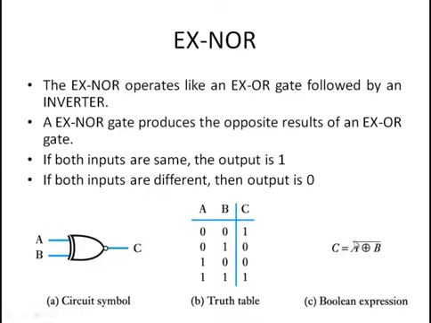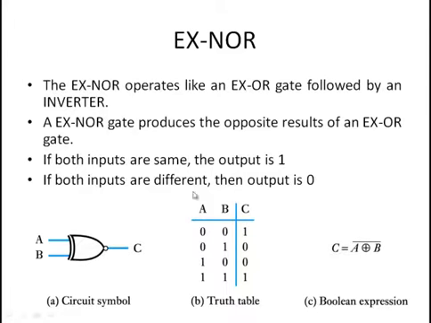Marking this bar over this expression makes it the expression for XNOR. That is, this bar makes it the expression for XNOR. Further, XNOR produces the opposite output results of an XOR gate because the inverter has been marked. This inverter has been marked here, so the output will be really opposite to that of the XOR gate.